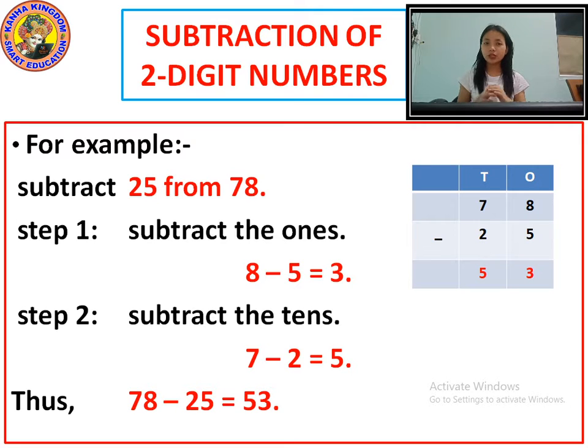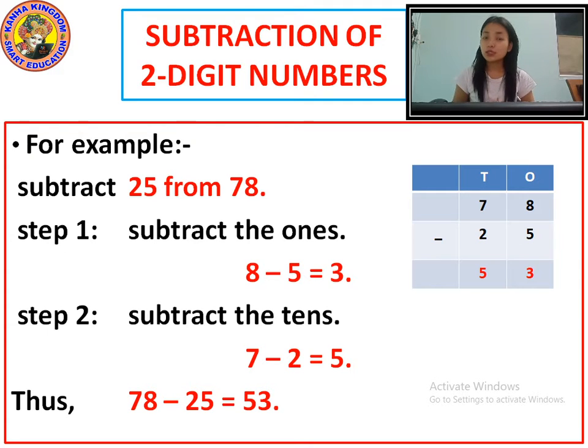Okay student, now the second step. Step 2. The second step of subtraction of a 2-digit number is subtract the tens. That means in the number 78, 7 is the digit which is in tens place in the place value chart.